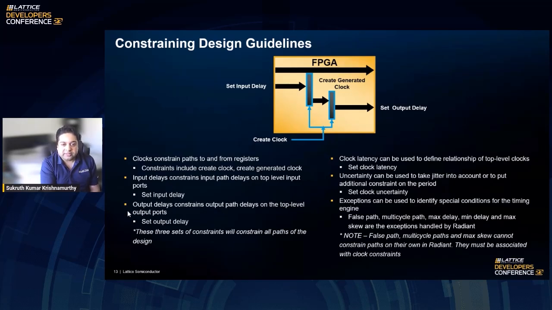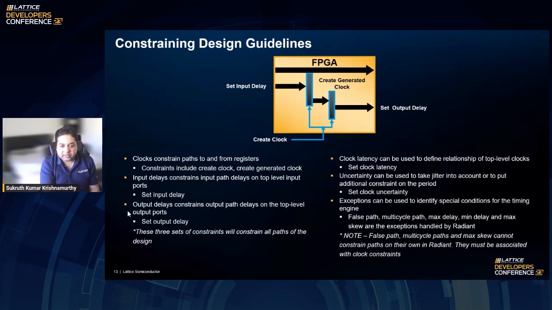Along with these clock constraints, Radiant allows timing exception constraints to identify special conditions for the timing engine. These constraints include false path. If you want the timing engine to ignore any paths, then use false path. Multi-cycle path allows the users to specify a certain path to be a multi-cycle path. Max delay is used to constrain two registers to make them place close by.